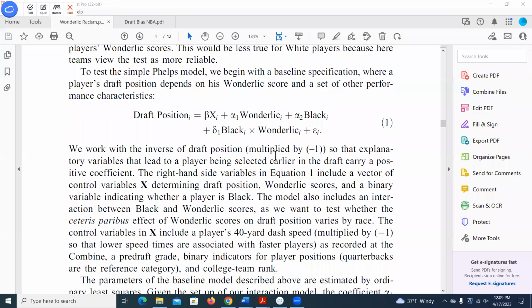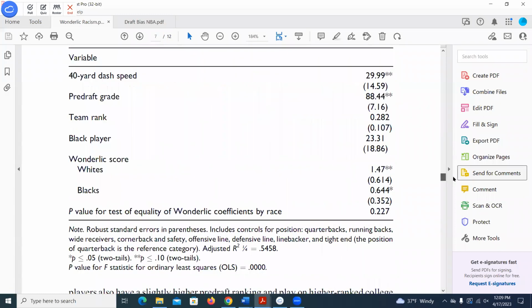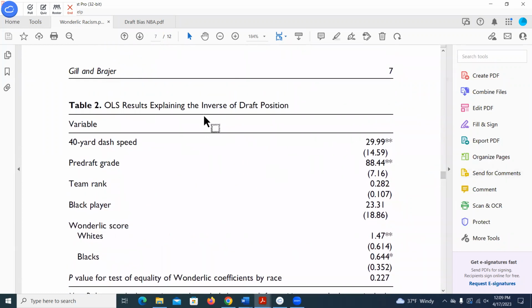So let's look at their results. It's a pretty short paper, really. This is not what I wanted. Oh, you can go here. So this is their very basic regression. You can say things like, this is my draft position.